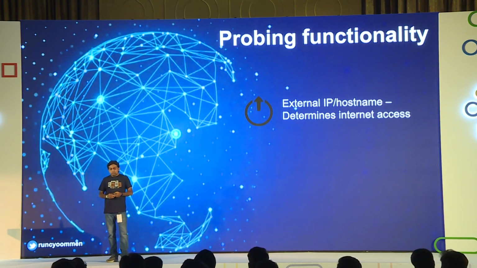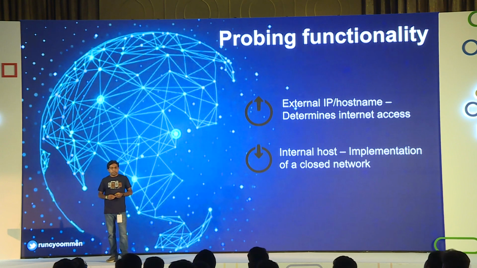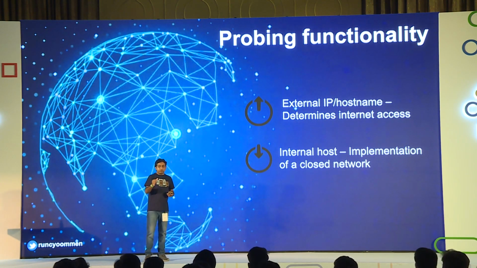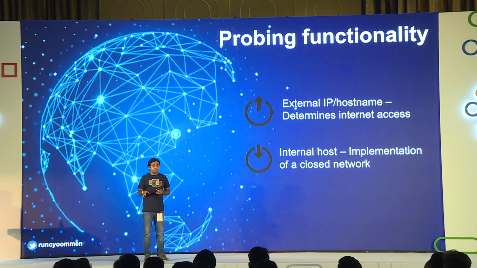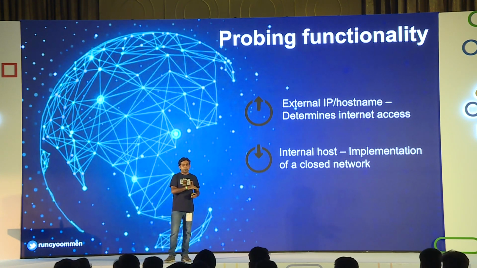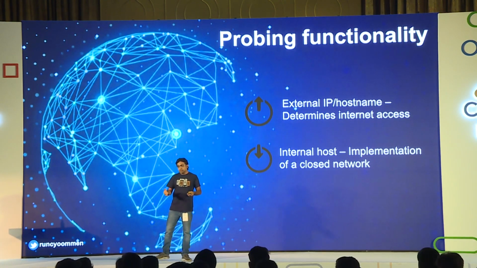A probing functionality could be an external IP, or it could be an internal host. So this is a case from our company where we have US federal customers. They have very strict mechanisms that there is no network outside. They have no internet, the US government.